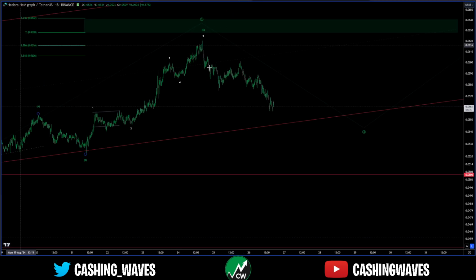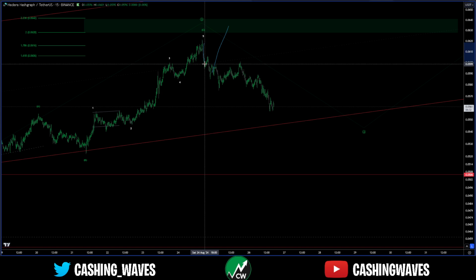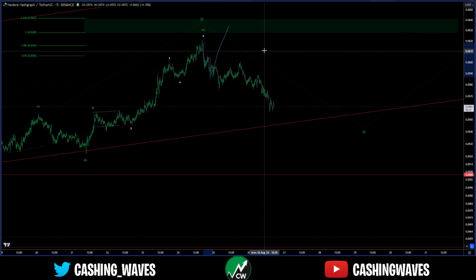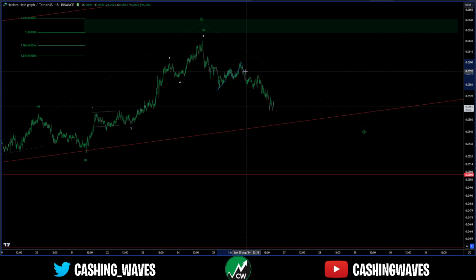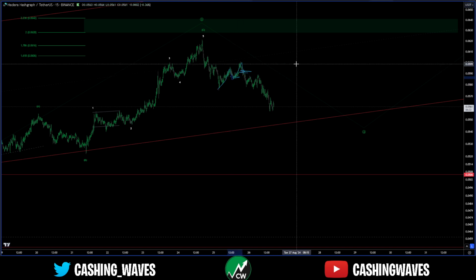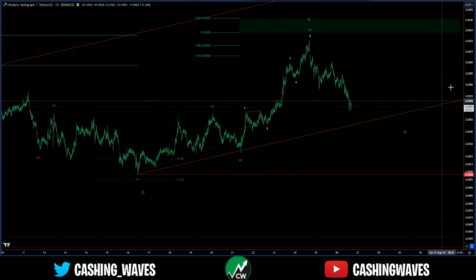So we had a chance to recover, but it was basically from here as an ABC. And if you saw this as a 1-2-1-2, obviously your stop would be somewhere in this area. So you should have been fine if you were following rules and guidelines here.